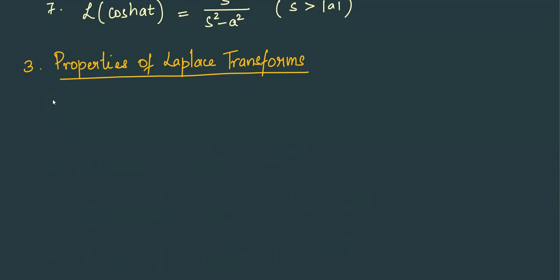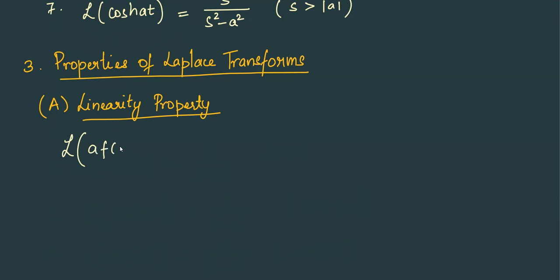Properties of Laplace transform. First is the linearity property. Suppose Laplace transform of three functions in linear combination, a times f of t, b times g of t, and say c times h of t. The coefficients will come out.